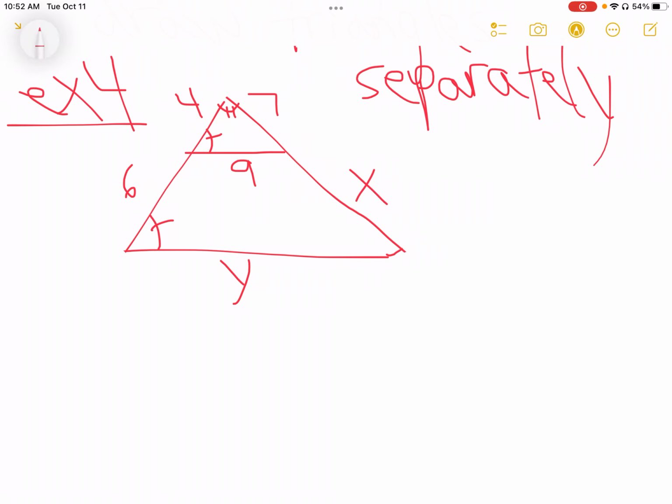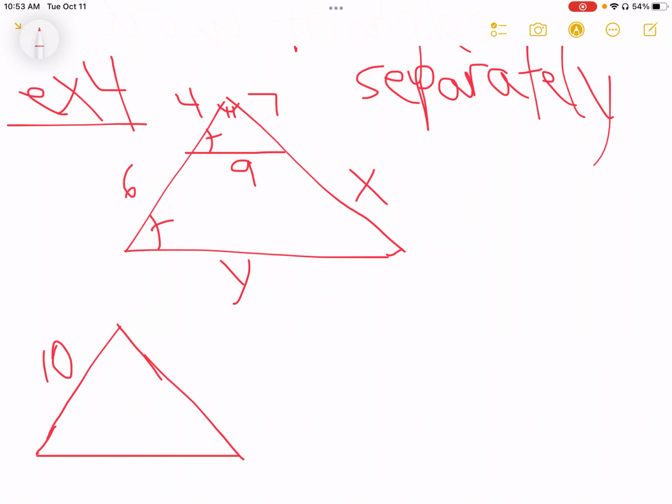So let's draw this small triangle first, or maybe we'll draw the big one. Okay, so let's draw the big one. On this left side here, I have 6 and I have 4, so that means this side is 10.